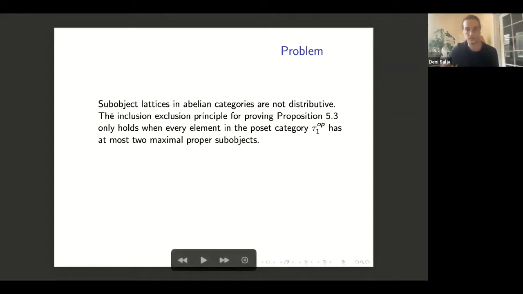So it works, but you need to assume that every object in the arrow category has at most two maximal proper subobjects. Then it holds trivially because it's distributive for simple reasons.